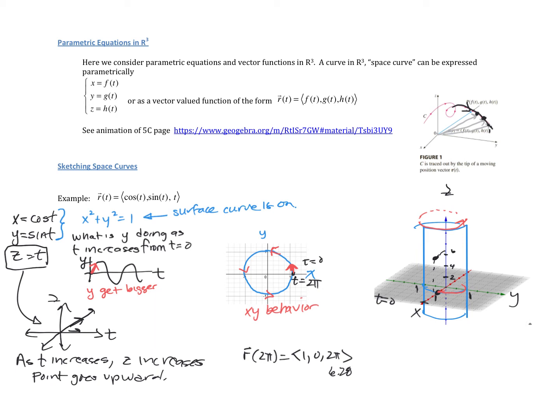So we're going to go around. Then we're going to go behind. And then we're going to come up like this. And it didn't start at t equals 0.